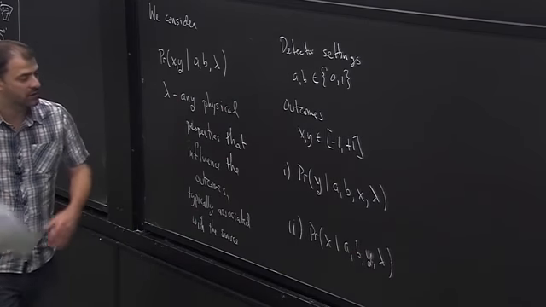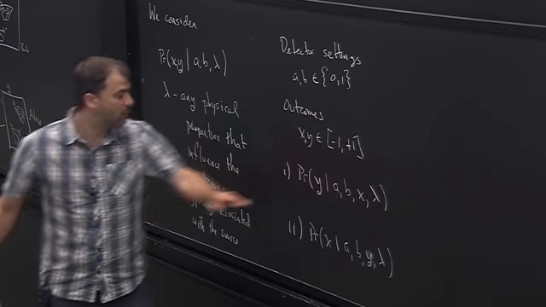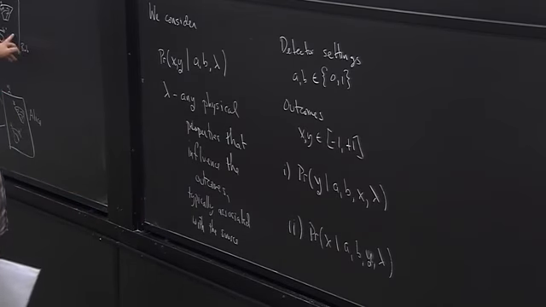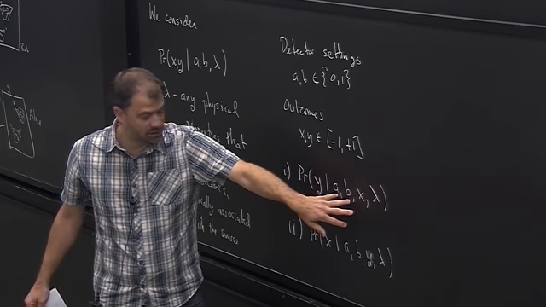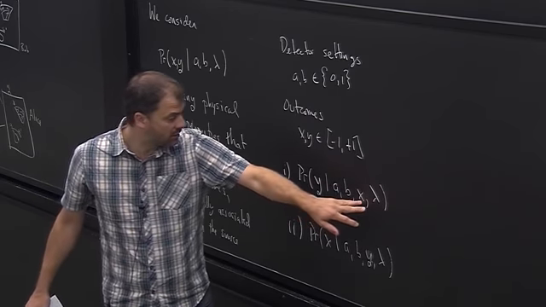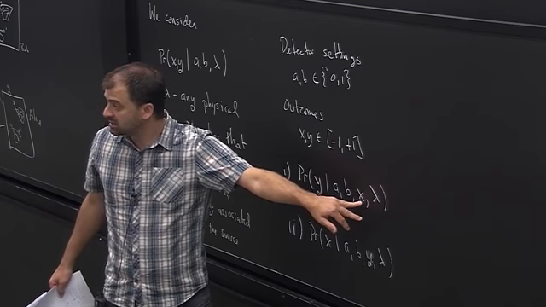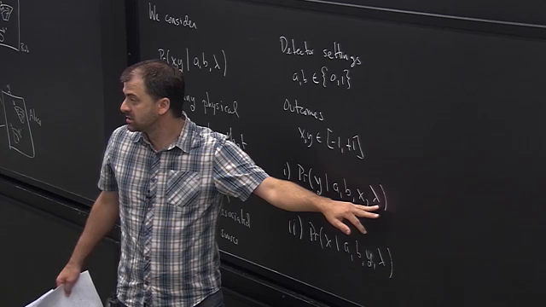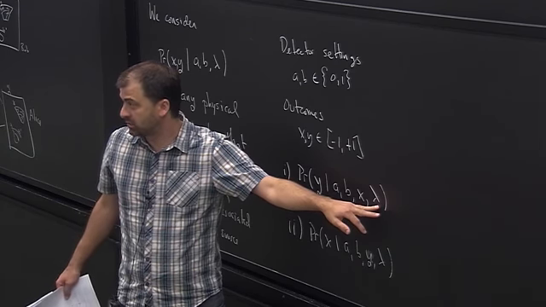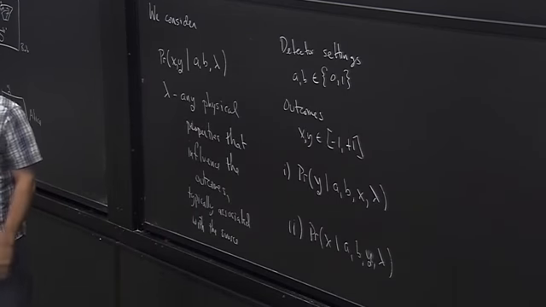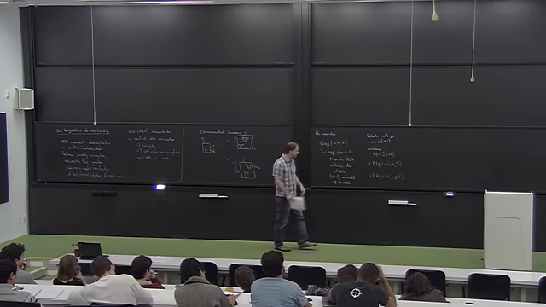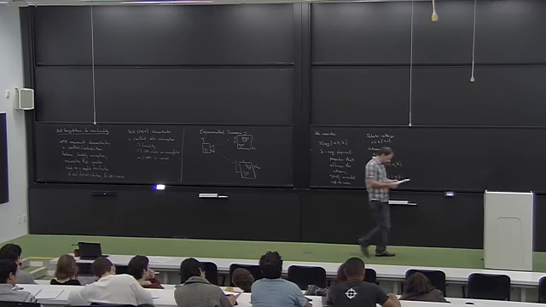Here we're allowing the probability of the outcome y at Bob's setup to depend on the choices of measurement by Alice and Bob, the outcome that Alice got, and the common cause physical parameters. That's the most general situation we can imagine. But we're going to make an assumption.